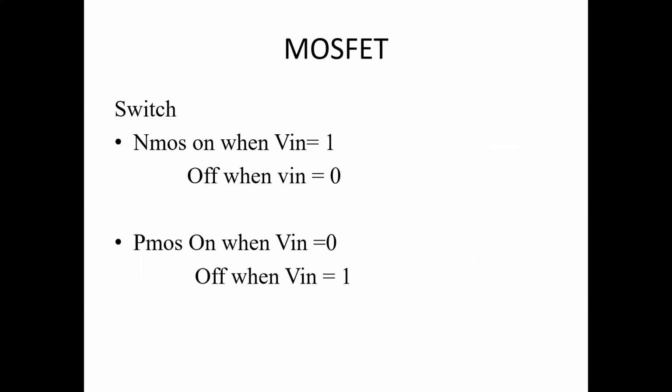The PMOS transistor is on when the gate is 0 and it is off when the gate is 1. So it will act as a switch. Depending on the gate input or the control input, the transistors are either on or off, depending upon whether it is 1 or 0. So if it is 1, NMOS is on. For PMOS, it will be off.